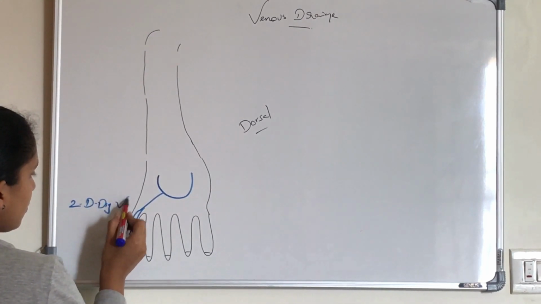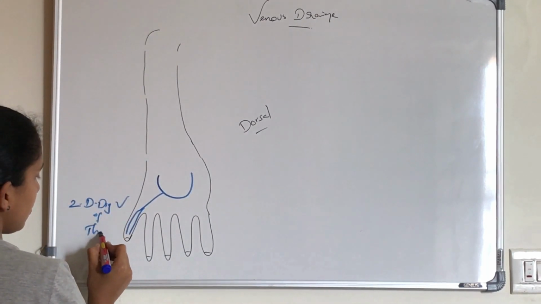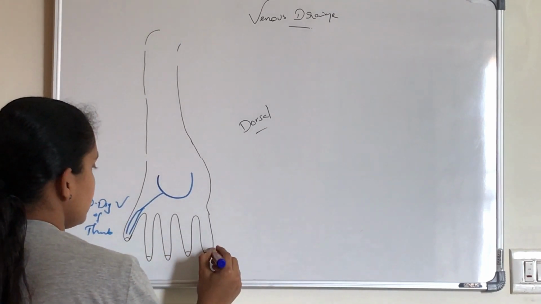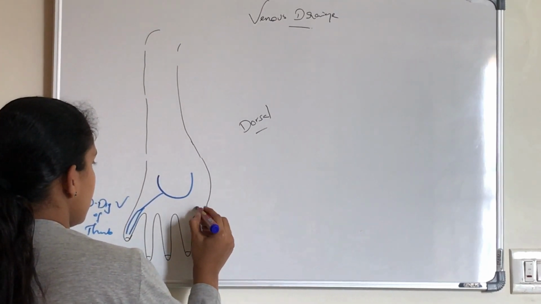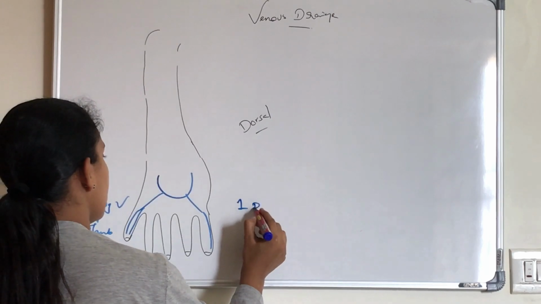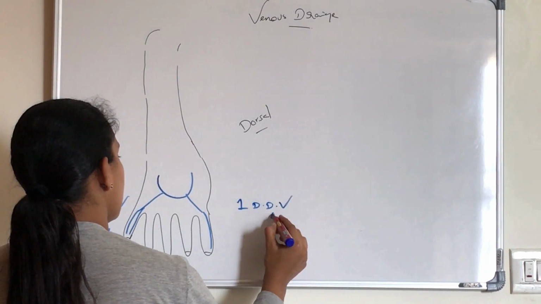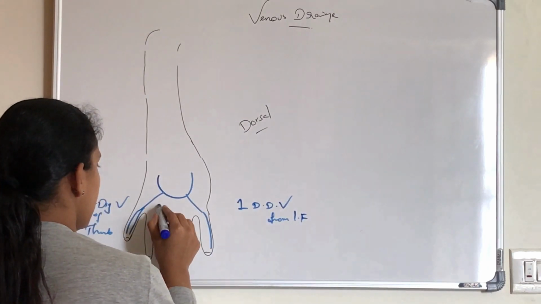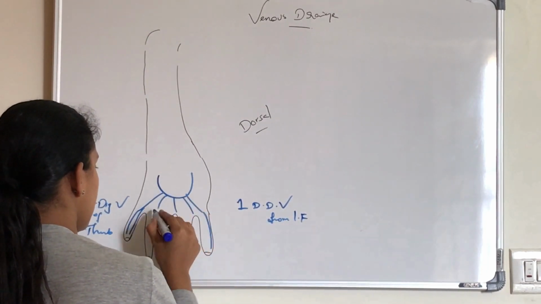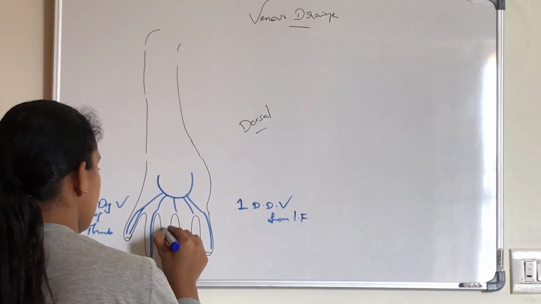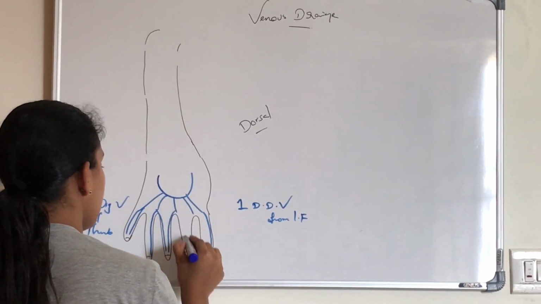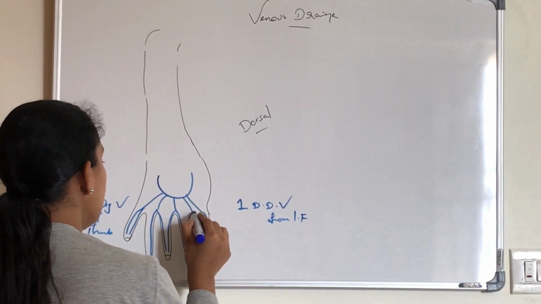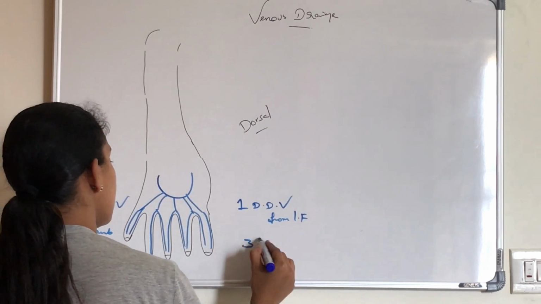So the venous arch is mainly formed by two dorsal digital veins of thumb, one dorsal digital vein of little finger, and three metacarpal dorsal veins of second, third, and fourth digits.